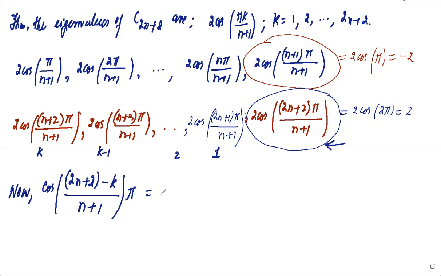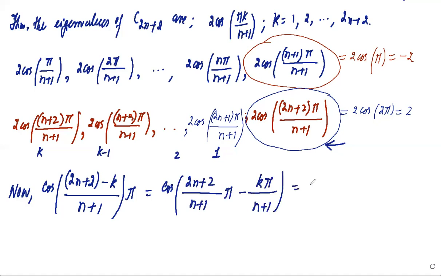This is equal to cos. We can split it: (2n+2) upon n plus 1 into pi, then minus k times pi upon n plus 1. Now n plus 1 cancels here, so it is just 2 pi minus k pi upon n plus 1.